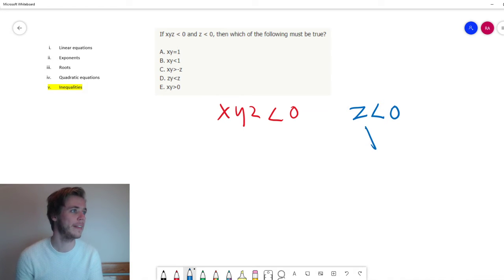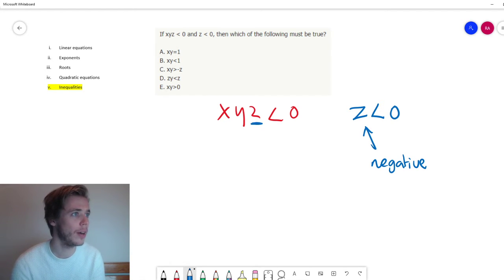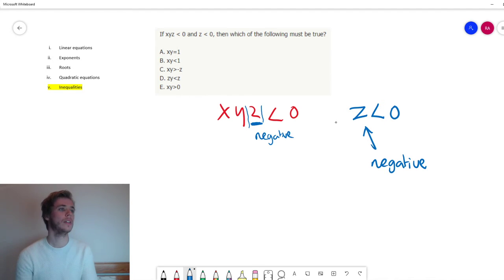So we know z is negative. So we know this part of the product is negative, and we know the total number is also negative because it's smaller than 0.